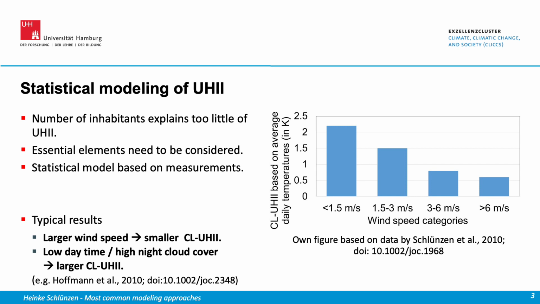If you have low daytime and/or high nighttime cloud cover, there is a larger canopy layer urban heat island intensity. However, the correlation coefficients differ for different cities, and even within a city there are differences.